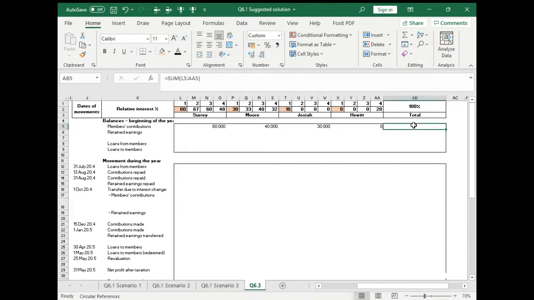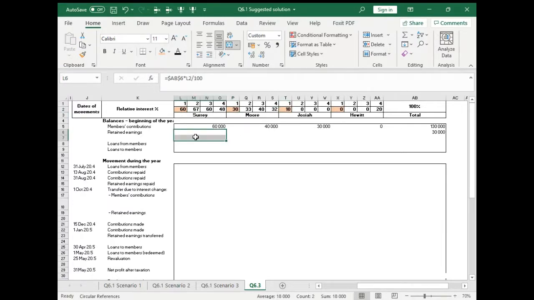So we said, based on the information, the retained earnings on our trial balance was 30,000. So they give you the total retained earnings amount, but they don't tell you how it's been allocated between the different members. So you allocate it based on the percentage interest at the beginning of the year.